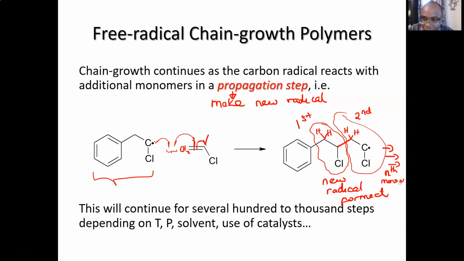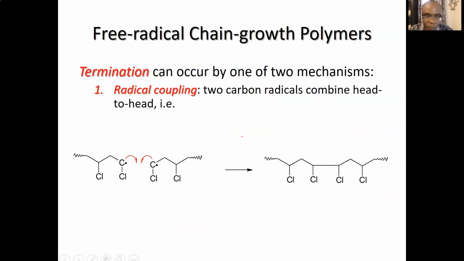The nth monomer could be the millionth monomer, could be the 10 billionth monomer. The process will continue several hundred thousand steps depending on 1. temperature, 2. pressure, 3. solvent, 4. catalyst, and so many other factors beyond your scope. So you grow the chain by propagation. The growth actually happens in propagation.